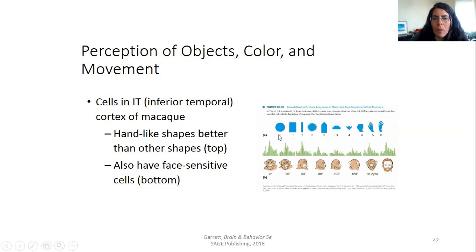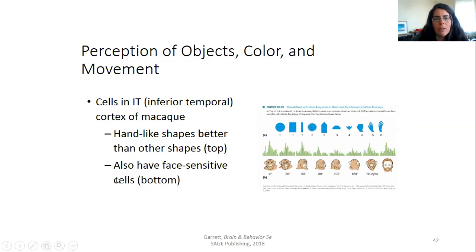There's little response to circles or rectangles, but the more the shape becomes hand-like, the more these neurons are going to fire. And so these cells are responsive to particular body parts.